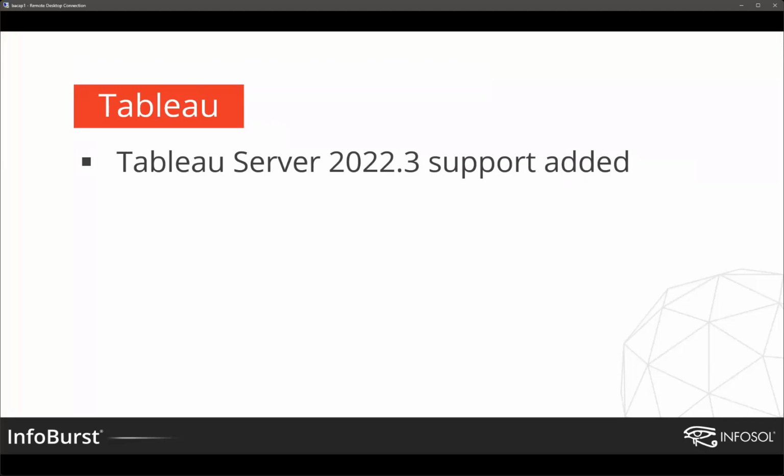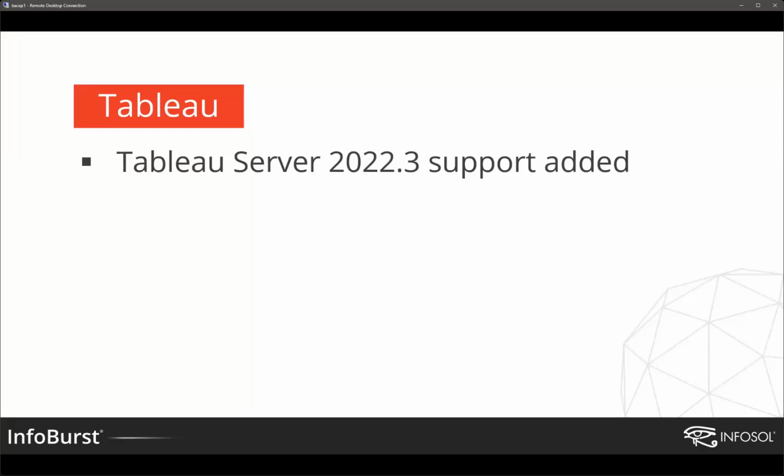However, in just the last 2 months, Tableau has released a 2022.4 and a 2023.1 Tableau Server version. So far we haven't had folks asking for support on those new versions, but we are aware they're there, and we will be starting the qualification of the latest Tableau Server version today.